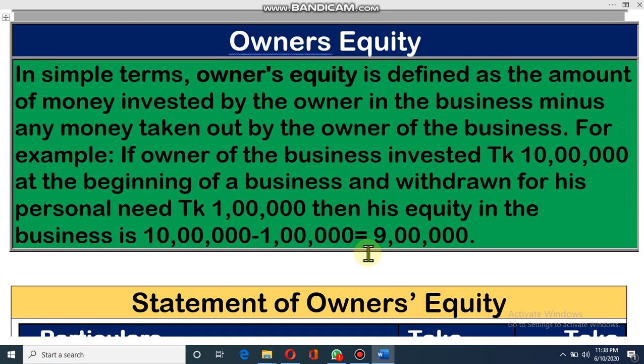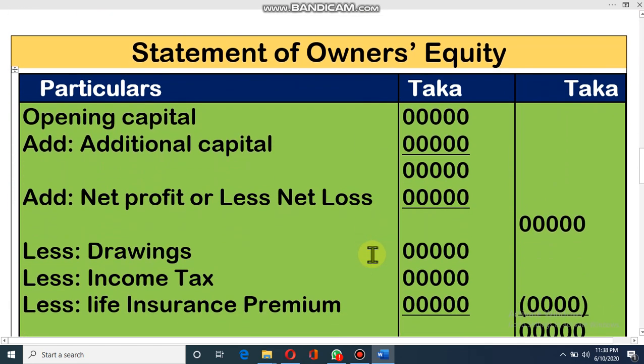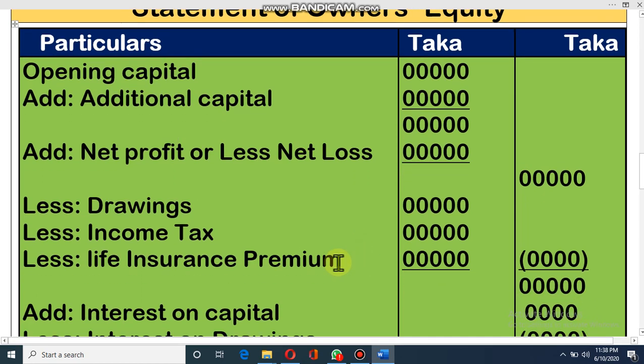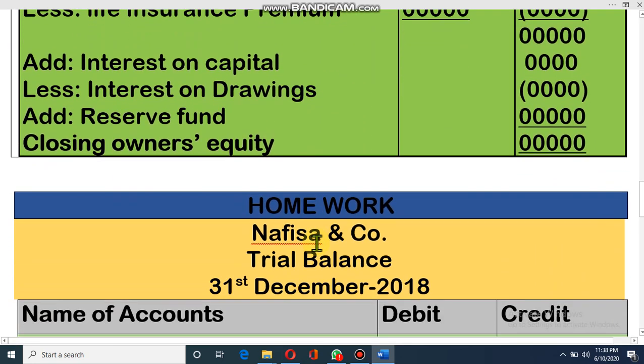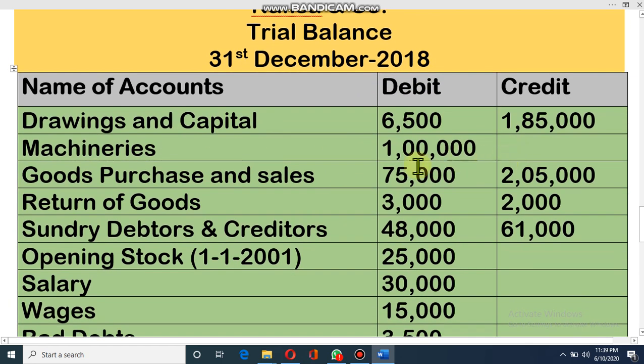Dear student, let's see the format of owner's equity so that you can prepare a statement of owner's equity. At the time of preparing the statement of owner's equity, you have to write the opening capital at first. All of you know that in the exam time, you will get a trial balance like this: Nafisa and Kong, trial balance 31st December 2018, and the transactions are given.